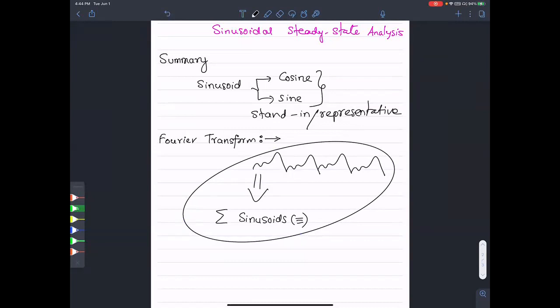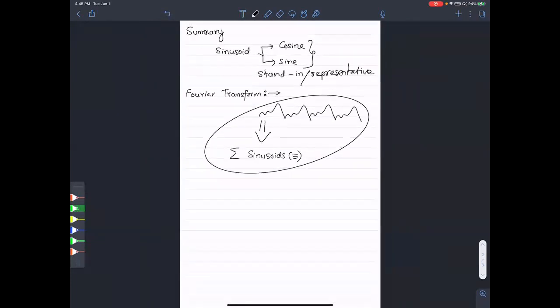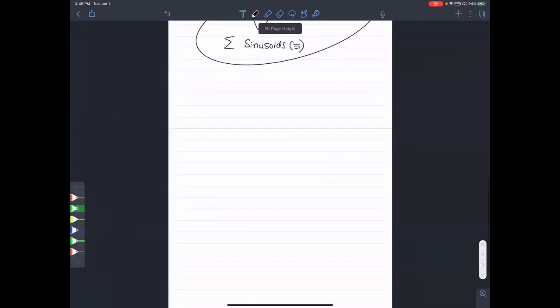The idea that I'm trying to drive home is that a sinusoid is a fundamental wave. If we understand sinusoid, it'll be easy to understand any other kind of repeating signal in the real world. So this is what we will be doing in this class.